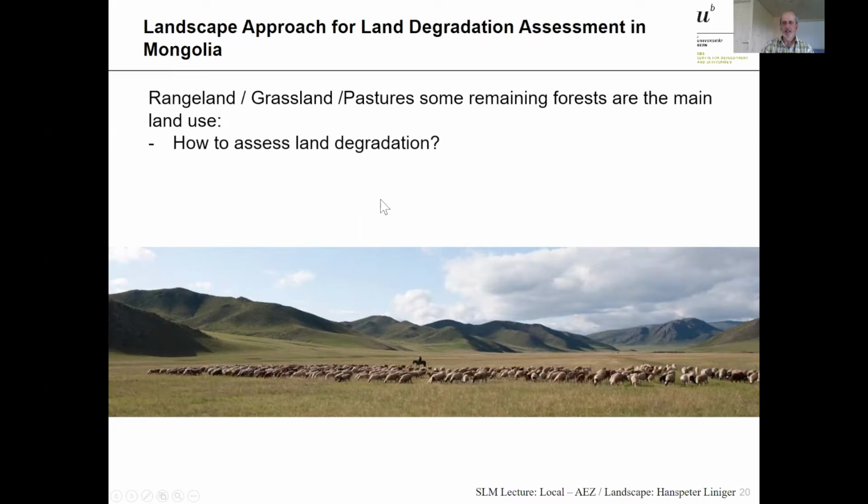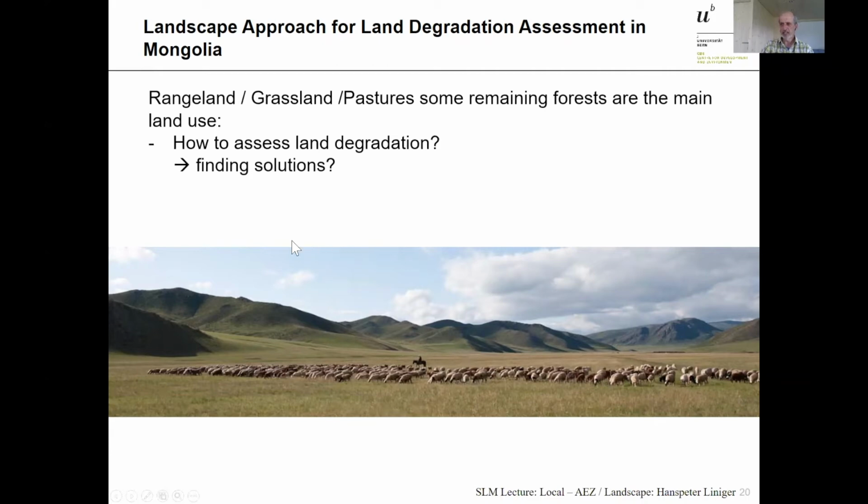And the issue we were involved with here with the Mongolian institutions was how can we assess land degradation? And then we said, okay, not only land degradation, let's also look at what solutions would be available.